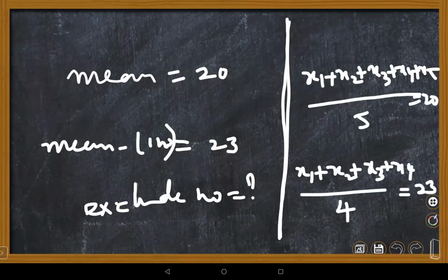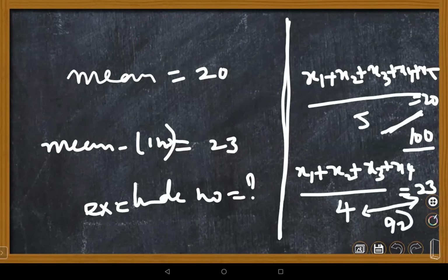Now just do the cross multiplication. 25s are how much, children? 25s are 100. 23 fours are, ma'am, 92. Yes, correct. 92.